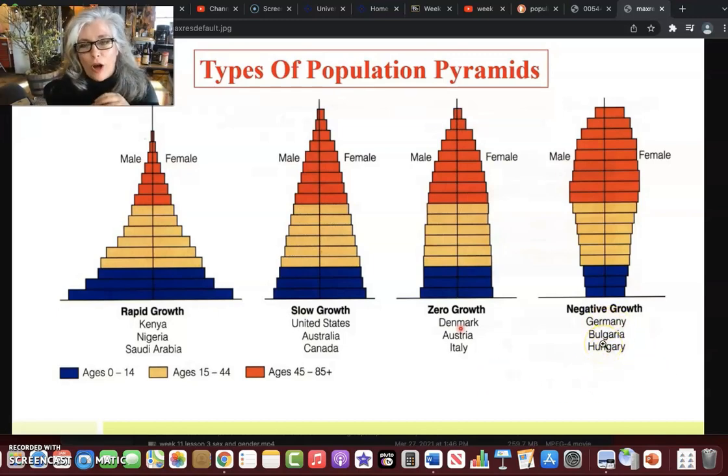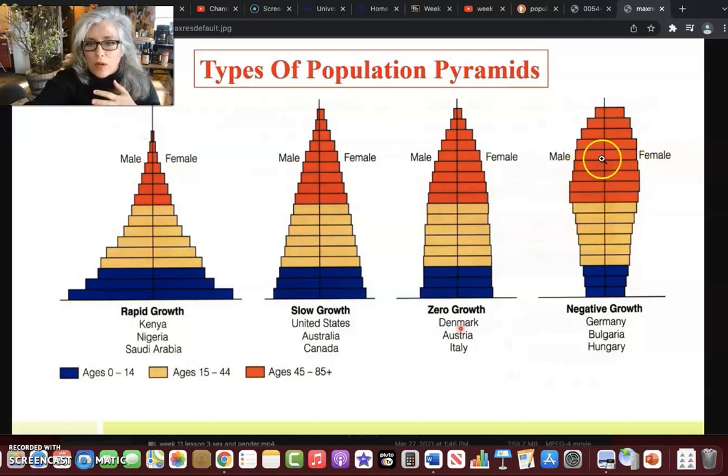But one of the things that you see throughout the world, and these three countries listed in the negative growth population pyramid example, is that the number of countries that are becoming negative growth countries is increasing. This would mean that at a particular time, the citizens or the residents of that area were having fewer babies than there were people dying.